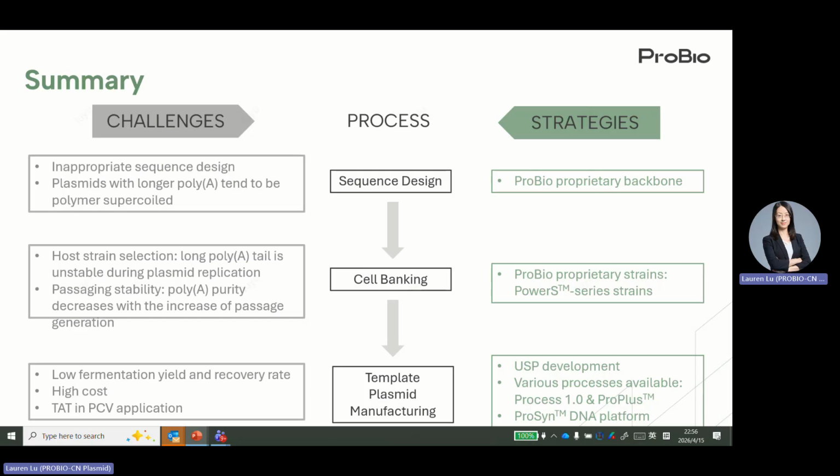And finally, the unique processes like ProPlus and ProSyn provide competitive choices to meet varied needs in different application scenarios.